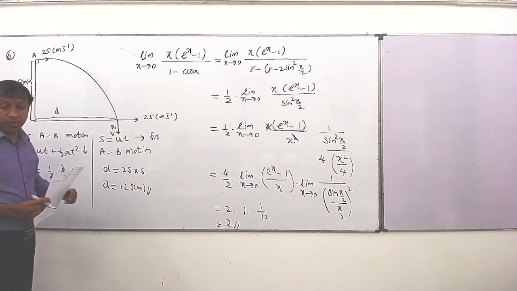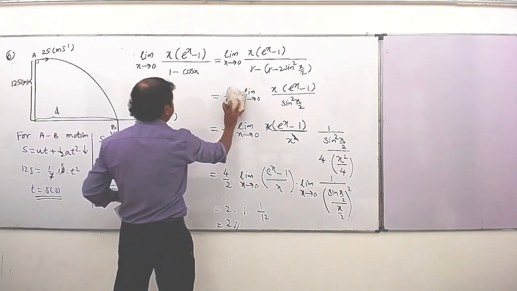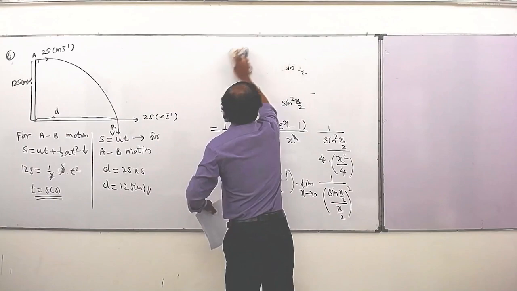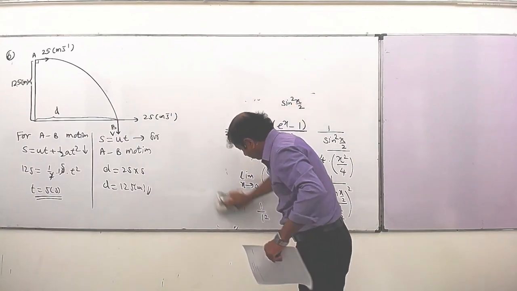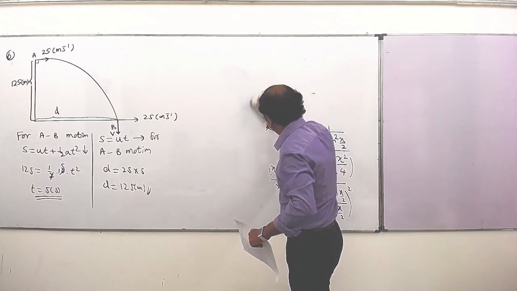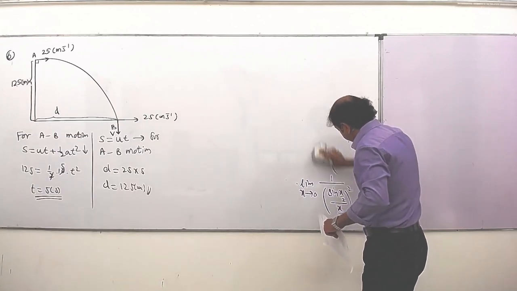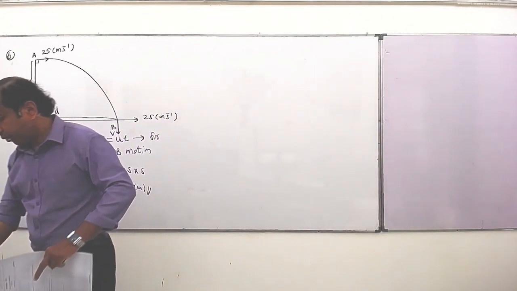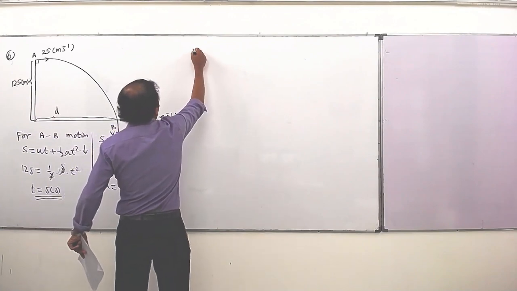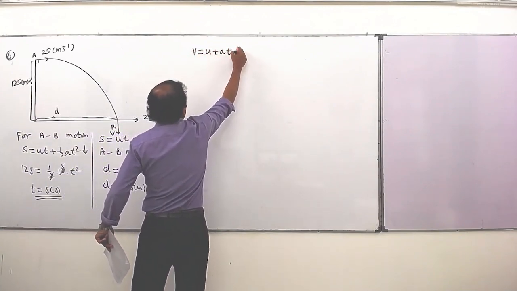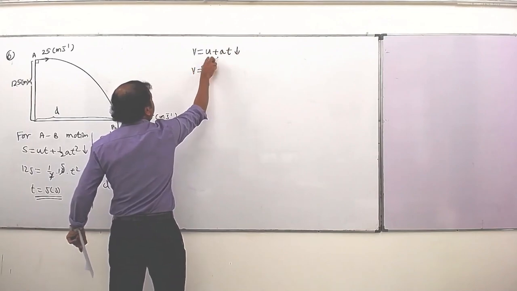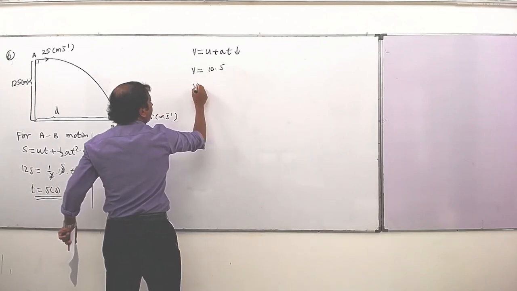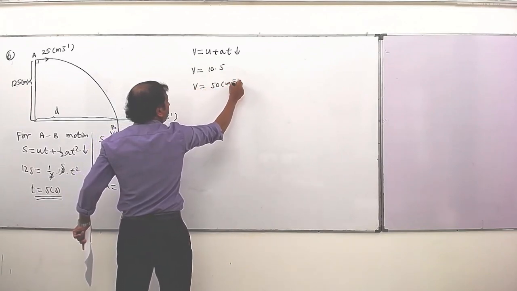We can find this v by applying the equation of motion v equals u plus at downward. Initial velocity downward 0, a is 10, t is 5. We get 50 meters per second.